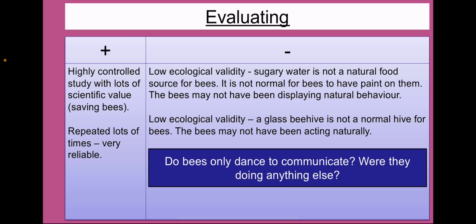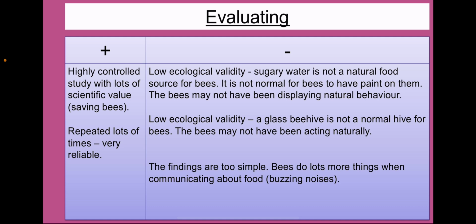And then also, if we're going to talk about how bees are actually communicating, I suppose this is a separate evaluation now. It's quite complicated, the way that the bees are communicating to each other, and to simplify it down just to this little dance is possibly a little bit too simple, a little bit reductionist. It does turn out, when you look at bees a little bit more, that they're doing a lot of other things as well.